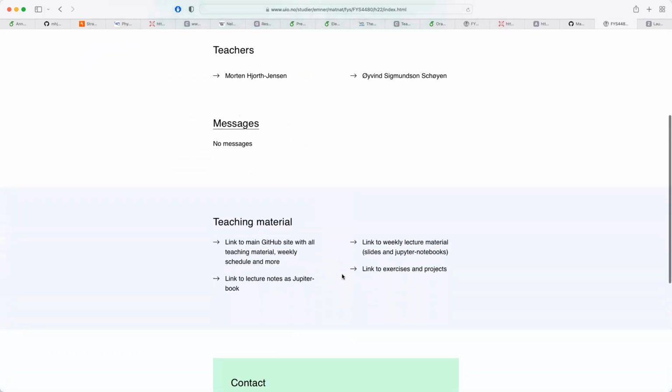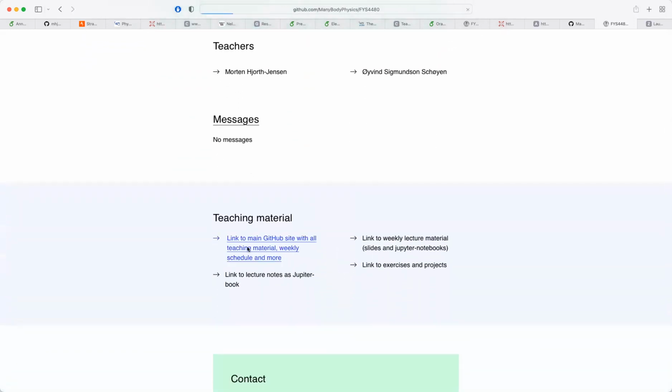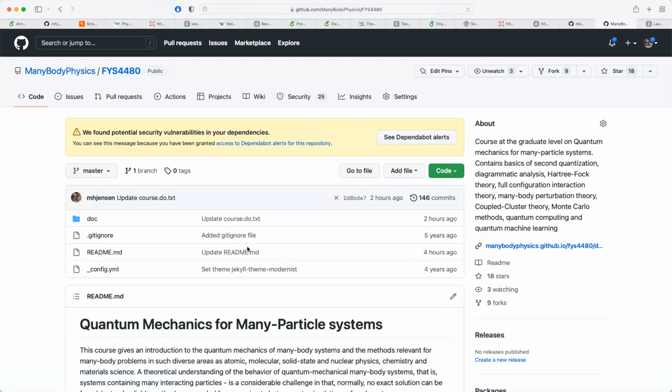If you scroll down, you will find the GitHub address where we have all the teaching material. So we normally recommend you to just download what you have here. I'm going to update this material on a weekly basis. I'm also going to merge many of the notes into a textbook as a Jupyter book. So that's going to pop up after the weekend.